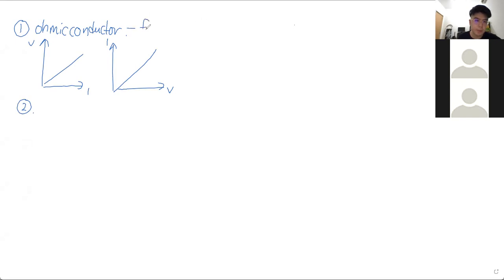This one is for fixed resistors, with fixed resistance at constant temperature. Okay, they always obey Ohm's law.